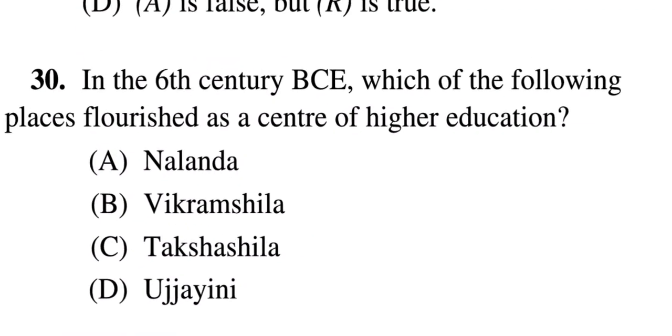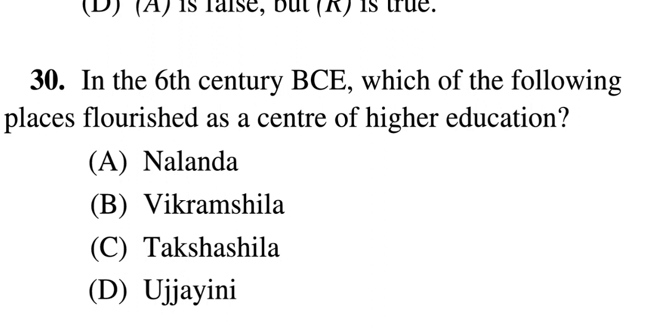Number 30, it says, in the 6th century BCE, which of the following places flourished as a center of higher education? Many questions will be asked that is related to higher education in India, especially the history of higher education in India and how it has evolved into today's position.